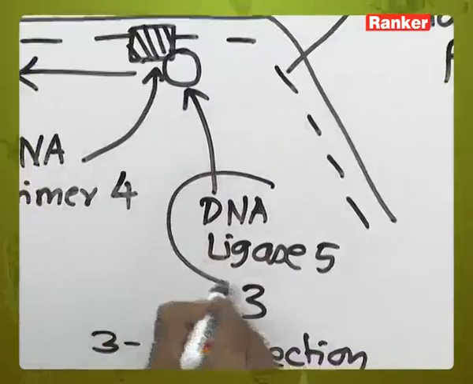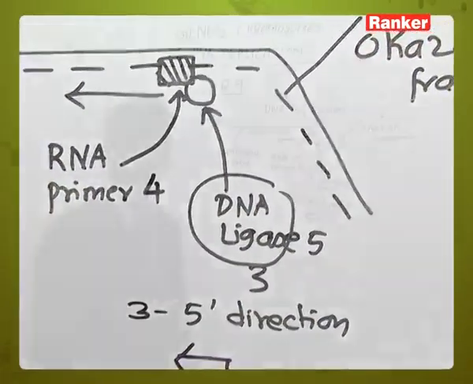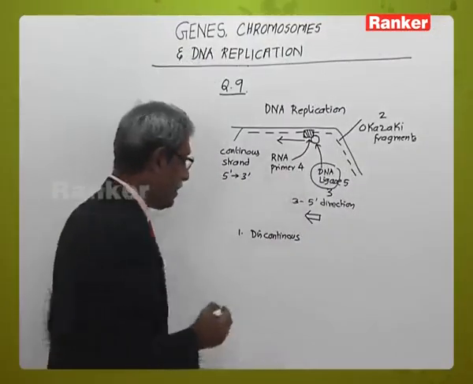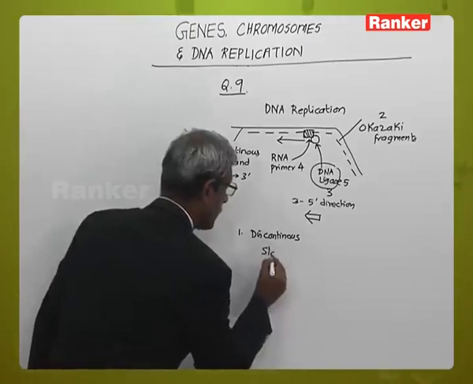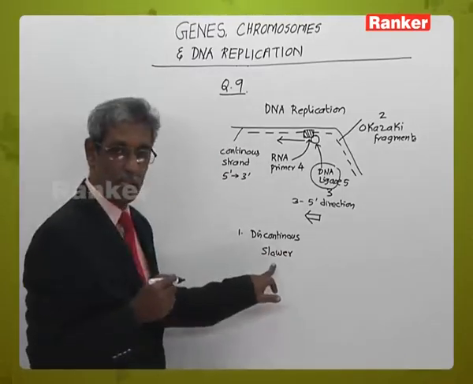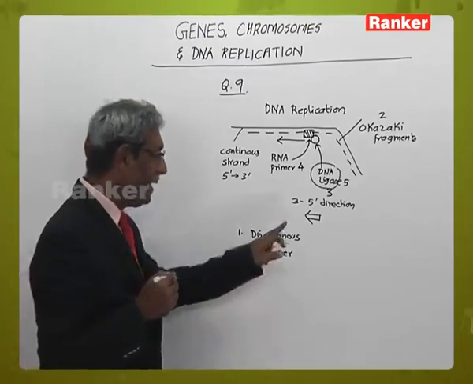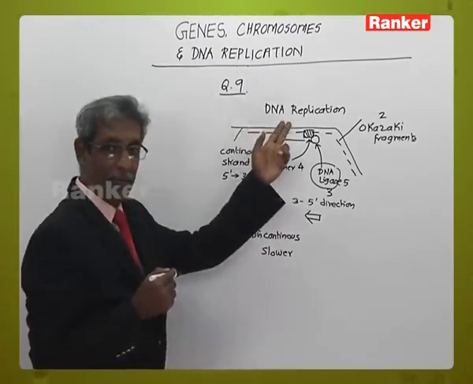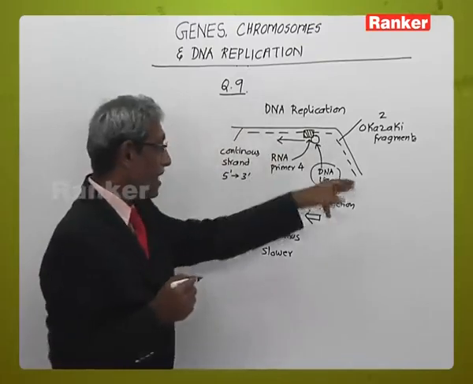Their formation is slower. While a continuous strand gets formed fast, the discontinuous strands get formed slower. And always its template originates from the 5' to 3' direction.